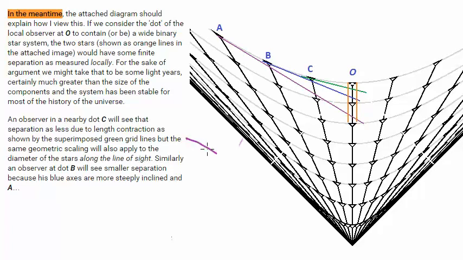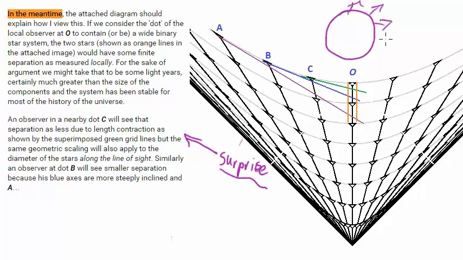Actually, you'd be surprised. The spheres actually don't. Spheres actually remain spheres under Lorentz transformation, once you take into account the optical effects.